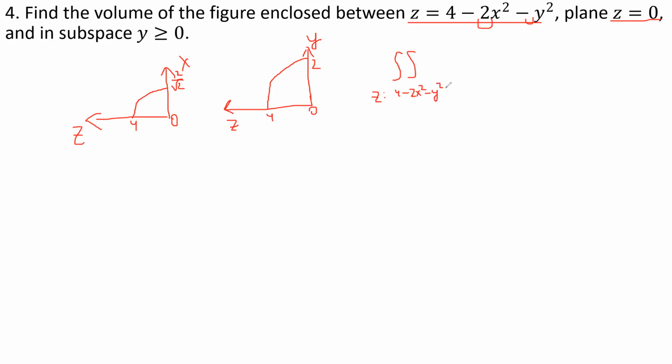So this must be for z non-negative, so it must be greater or equal than 0, and y must be greater or equal than 0. And here we will have our formula for z, just the function of x and y, dx dy.